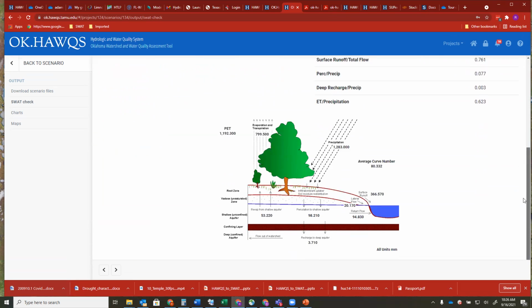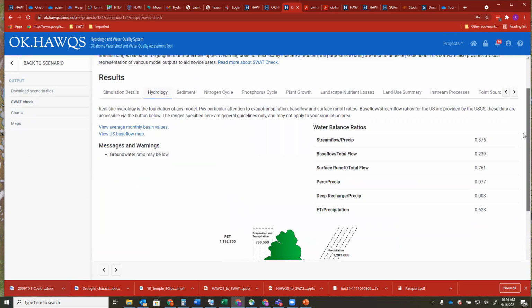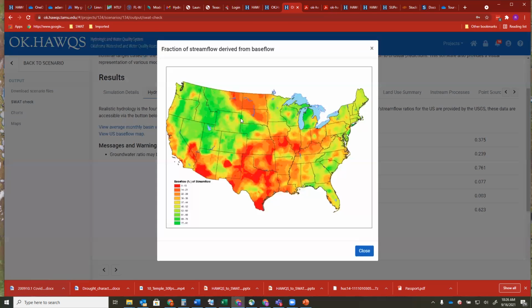So if you remember right, this is a watershed in the northeast of Oklahoma at the Arkansas border. We have published a paper in 1993 or 94. In that paper, we showed US-wide what the base flow contribution is.